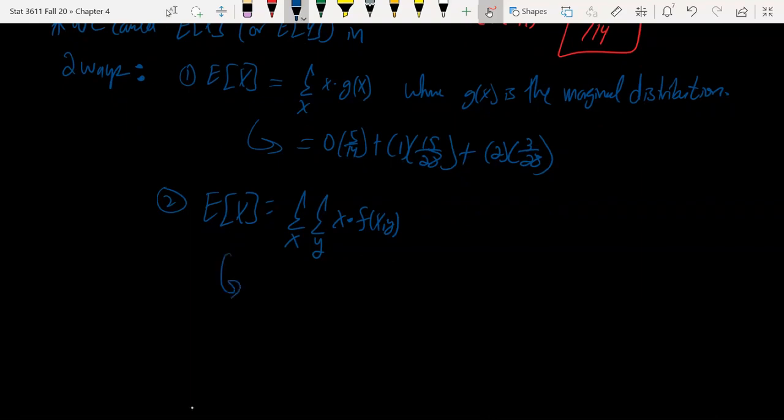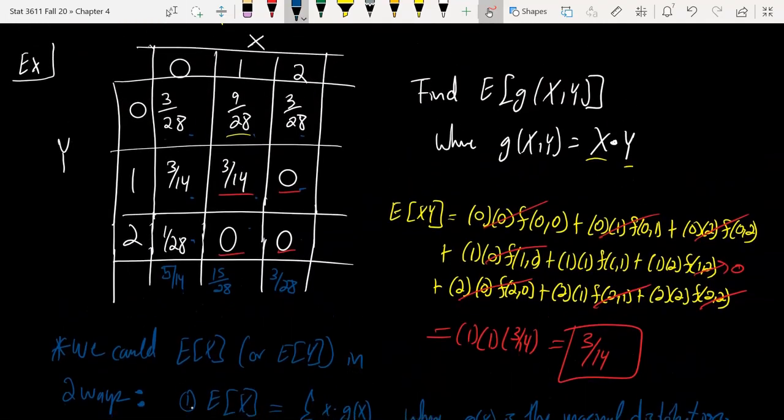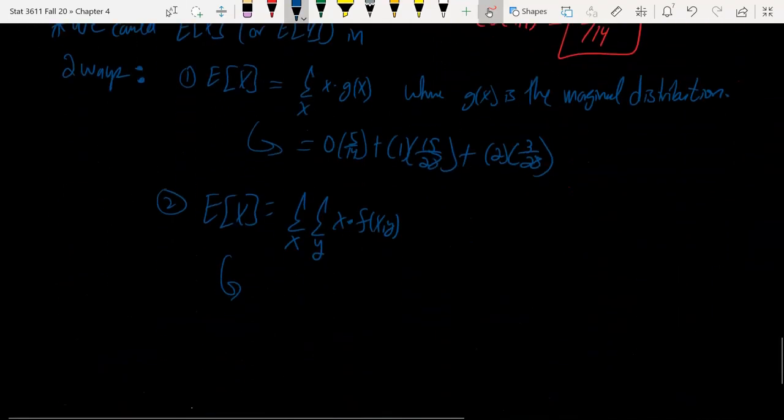So in this case, for example, if y is equal to 0, x can be 0, 1, or 2. So I can do what here? X could be 0.